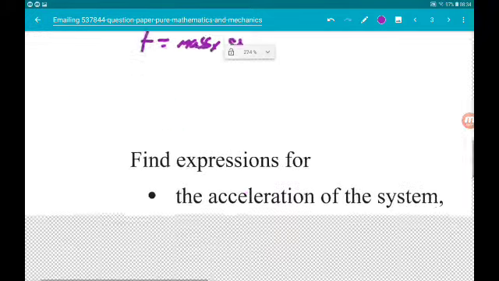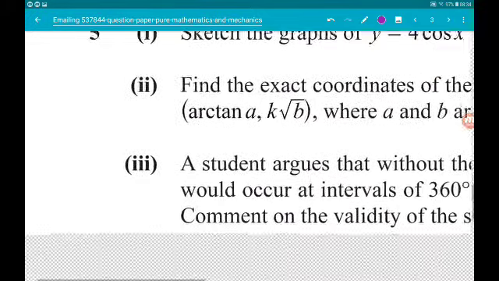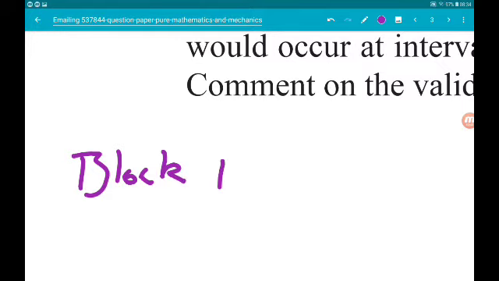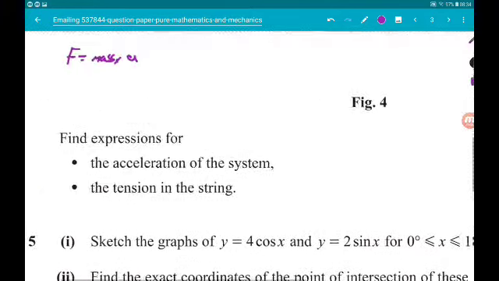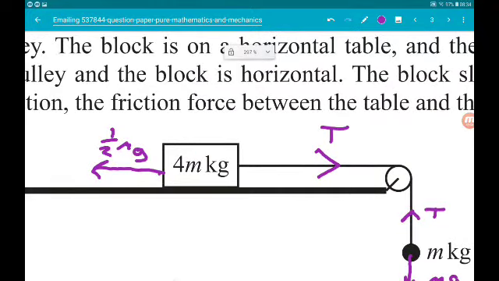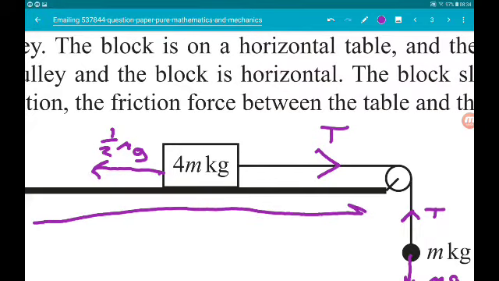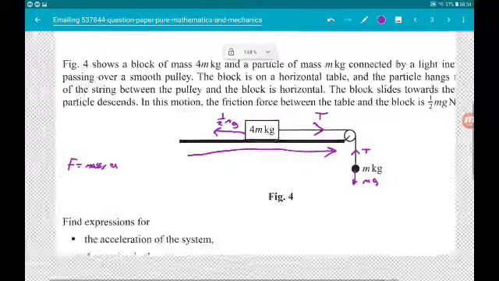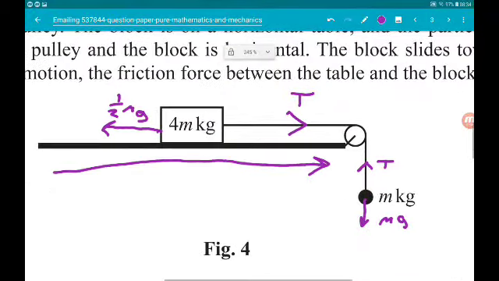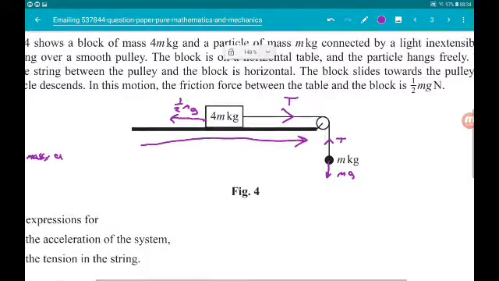So, for the block, we know overall the block is moving to the right, and the mass of the block is 4m.